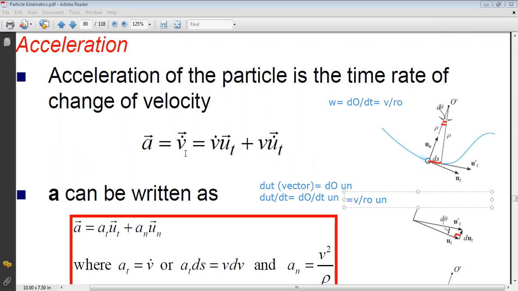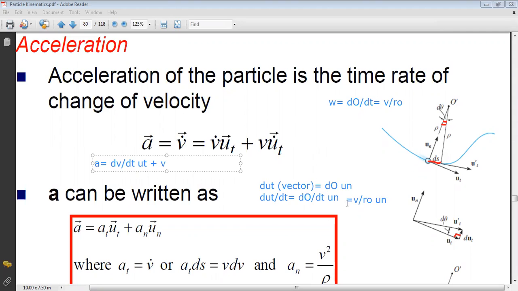Now, if I replace back into my acceleration equation, what do I get? a equals dv by dt along ut plus v times d ut by dt.